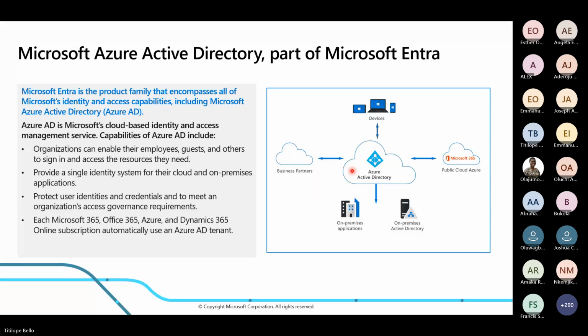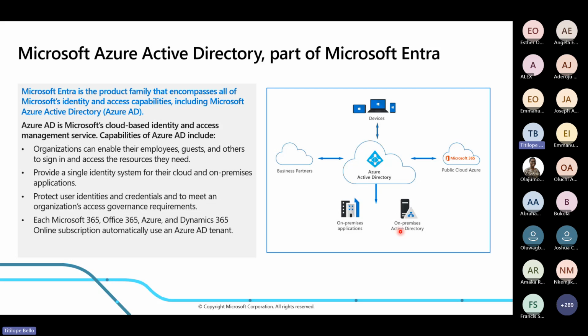No. I said earlier that you can have your own line of business applications that you created on-prem. You can integrate them with Azure so that Azure AD, the identity provider there, will also be the one validating user access to these applications that you have in your on-premises environment, right?